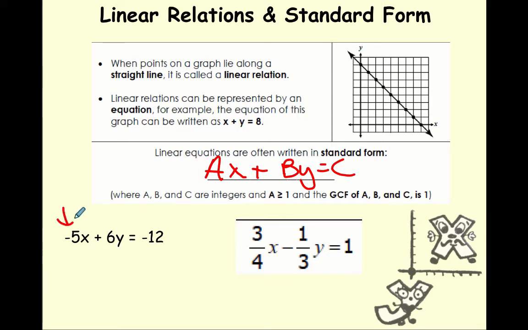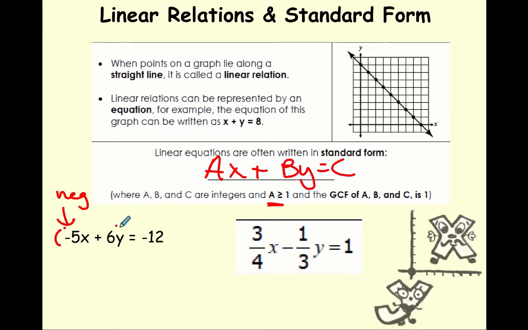Okay, so what's wrong with this one? Well, remember, the rule says that we'd like the coefficient of x to be positive. What's preventing it from being positive is that right now it's negative. So we're going to do a cheap trick to make this positive: a negative times a negative makes a positive.